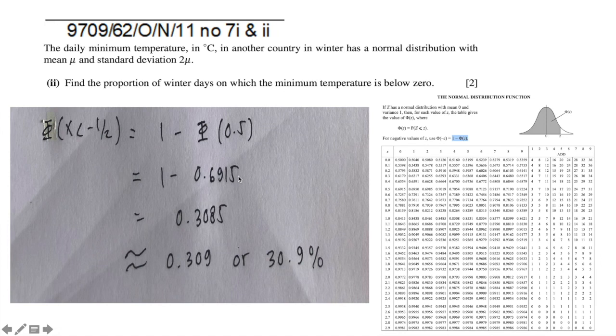So we subtract 0.6915 from 1, and we get the final probability of 0.3085.